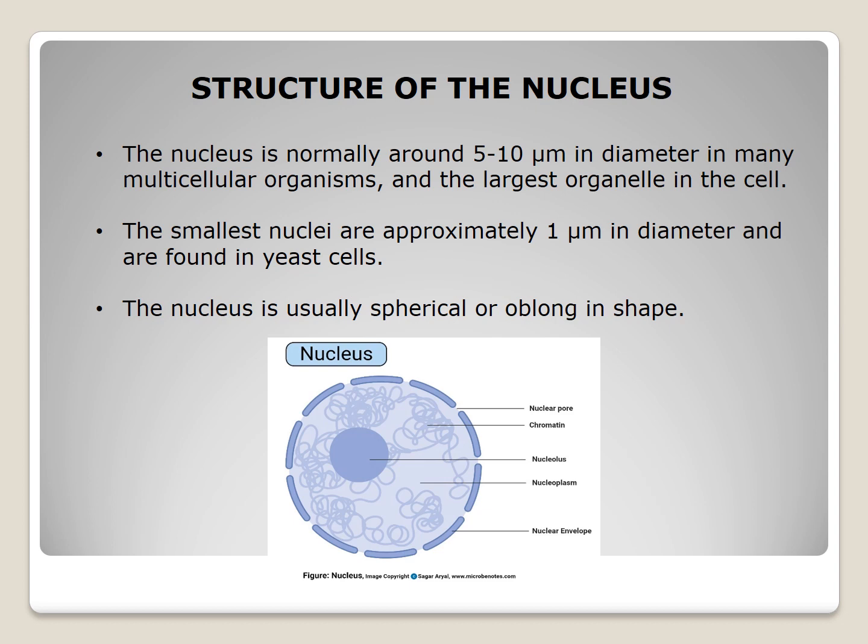The nucleus is usually spherical or oblong in shape, as you can see in this picture of the slide, which showcases the nuclear pore, chromatin, nucleolus, nucleoplasm, and the nuclear envelope.